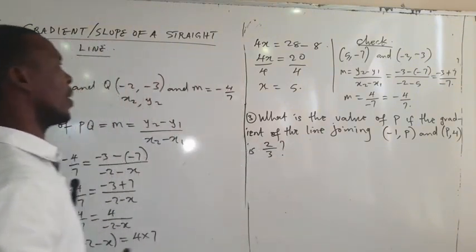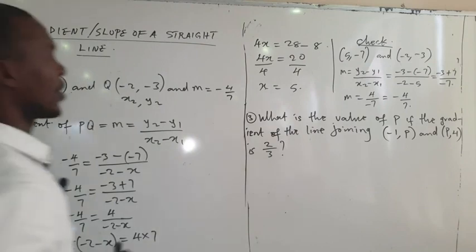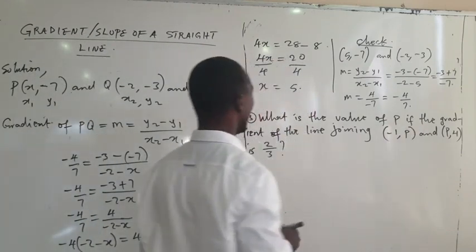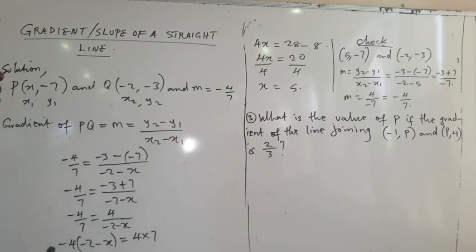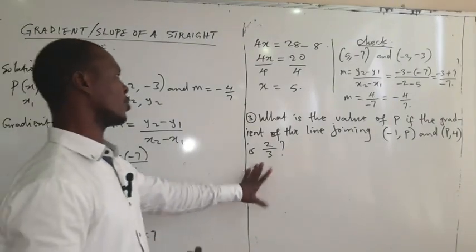So the question is, what is the value of p if the gradient of the line joining minus 1 comma p and p comma 4 is 2 over 3.